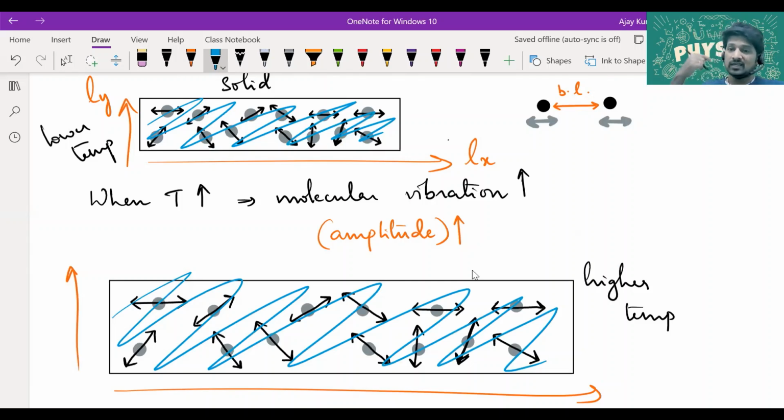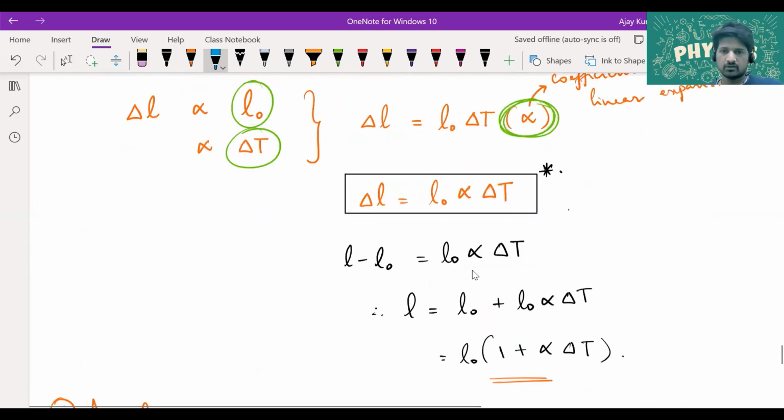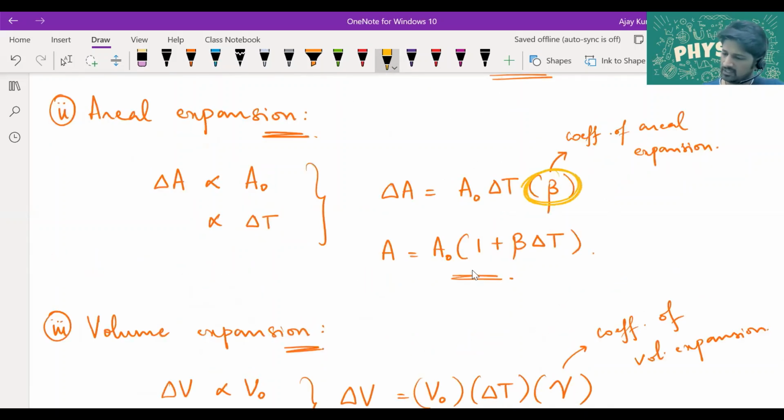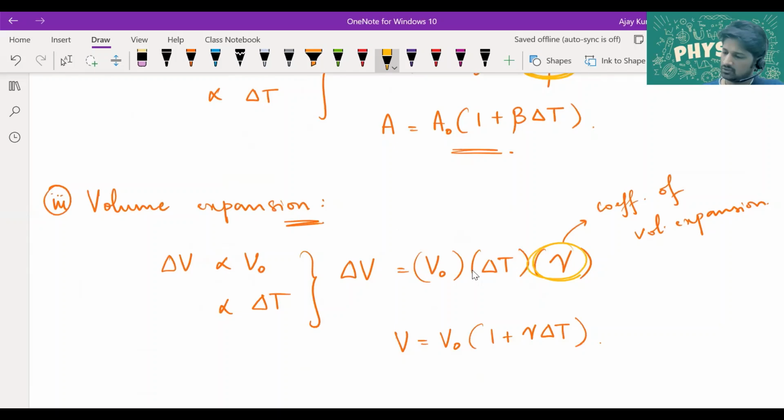So areal expansion depends on two linear expansions. And volume expansion depends on three linear expansions, x direction, y direction, and z direction. So you can relate their coefficients. Coefficient of linear expansion, that is alpha, can be related to coefficient of areal expansion beta, and also can be related to coefficient of volume expansion gamma.